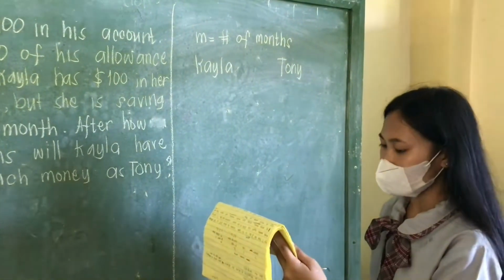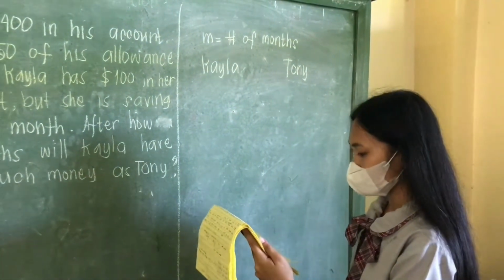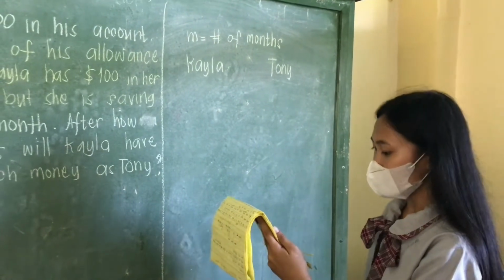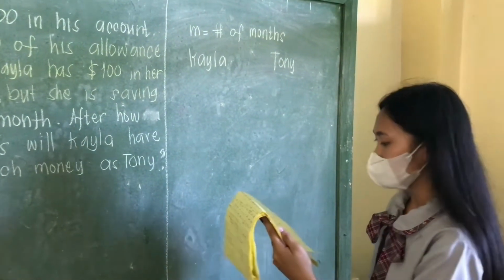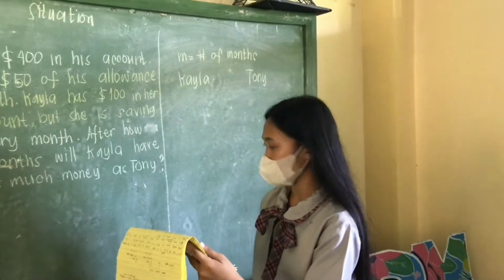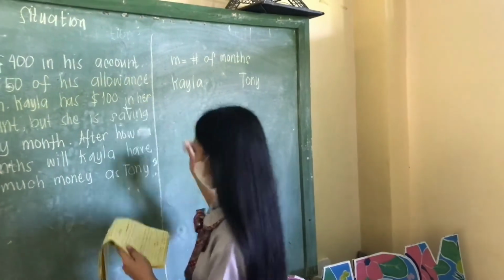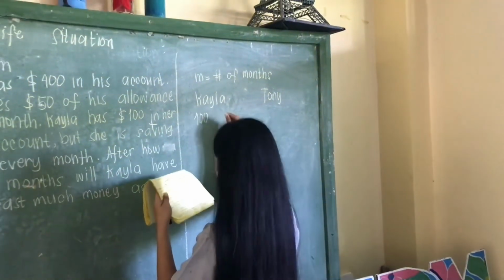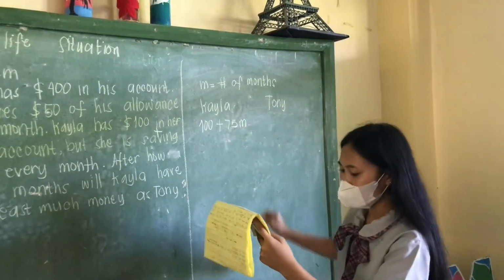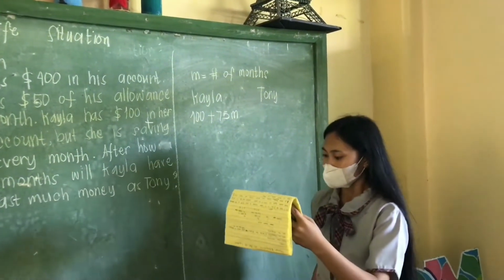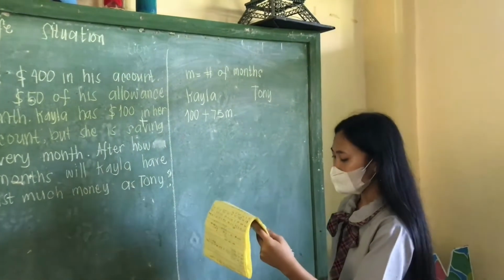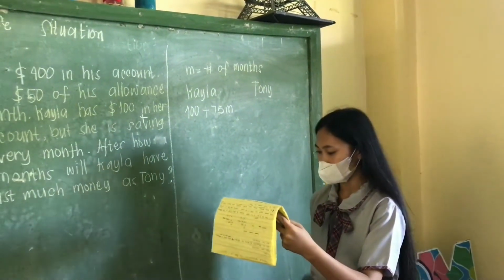Kyla has $100 in her bank account, but she is saving $75 every month. So we're adding the savings, and we can write an expression for Kyla. m represents the number of months. Tony has $400 and he saves $50 of his allowance every month.